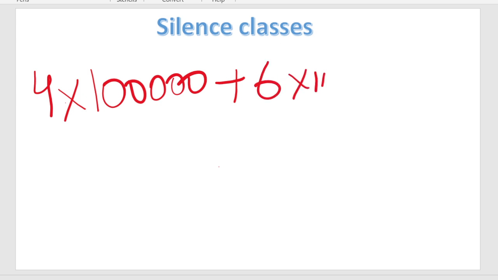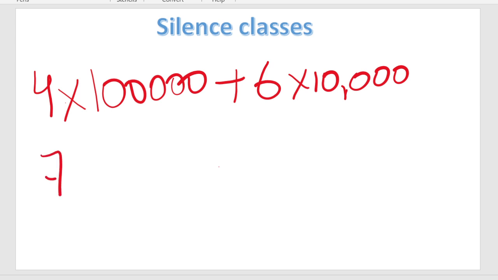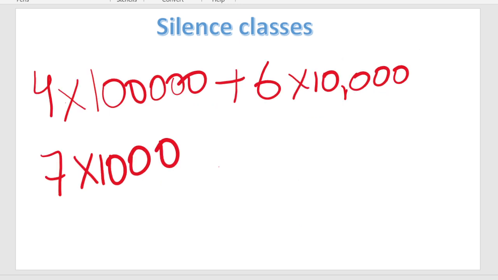6 multiplied by 10,000. Next we multiply 7 by 1000, because it is in the thousands place, 3 zeros. 8 is in the hundreds place, so plus 8 multiplied by 100.